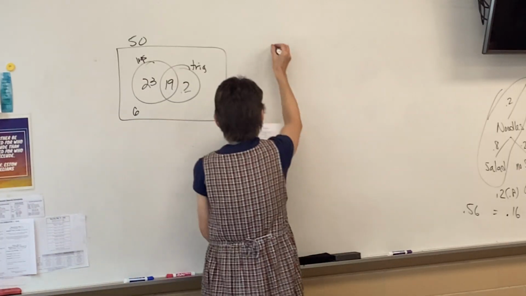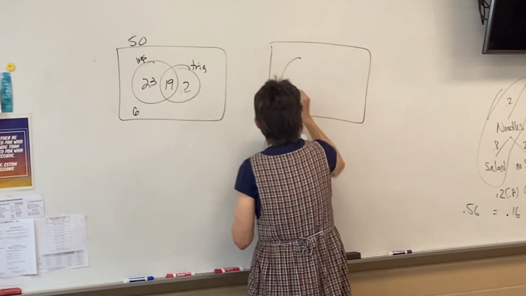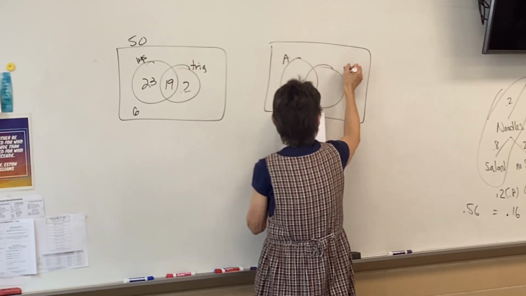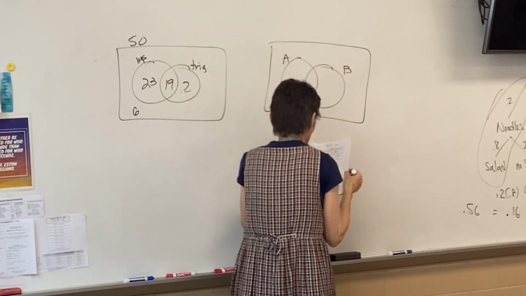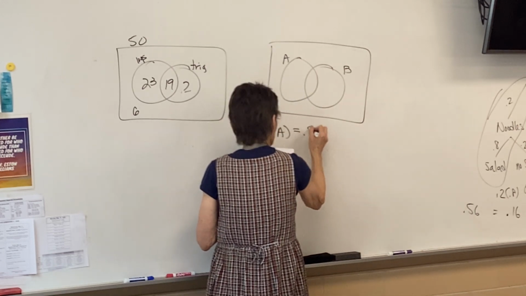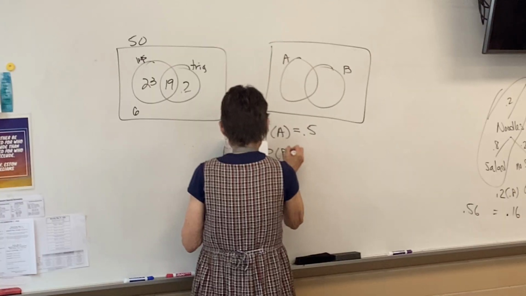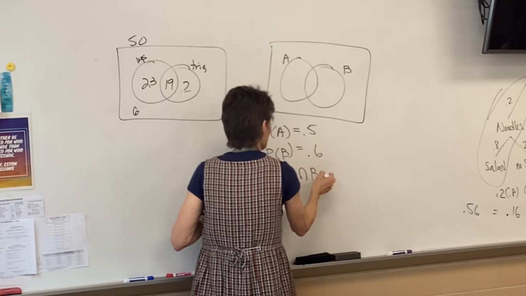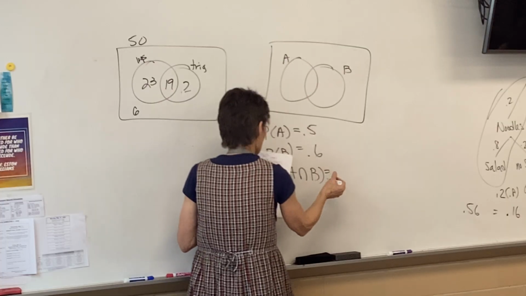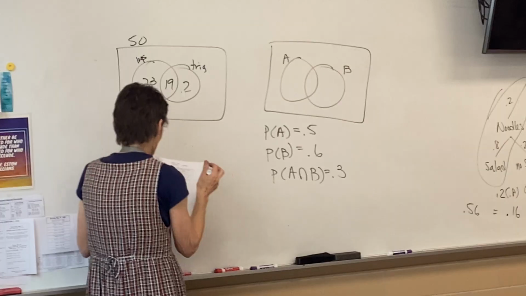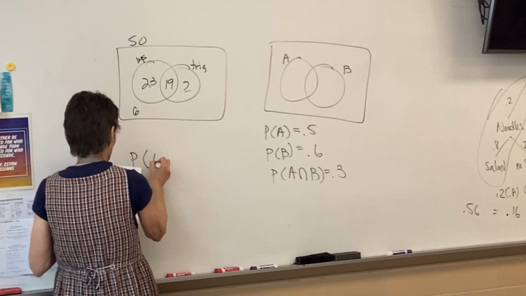Number 2, another Venn diagram. So we know the probability of apples is 0.5, the probability of bananas is 0.6, and the probability of apples and bananas is 0.3. So here are the questions.